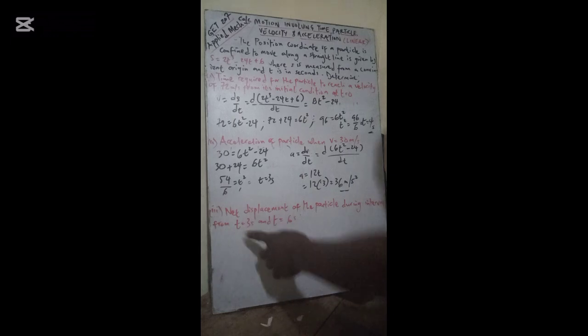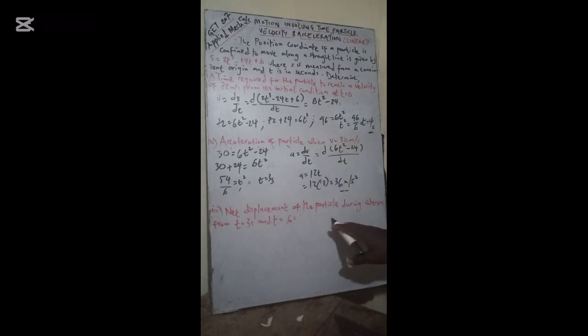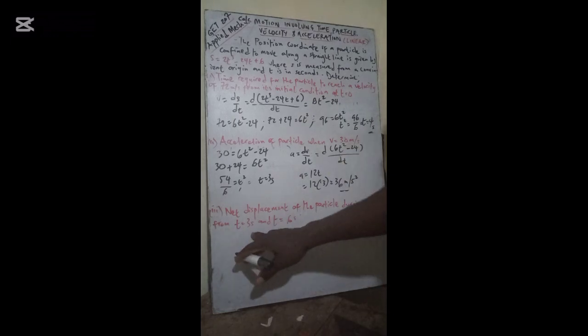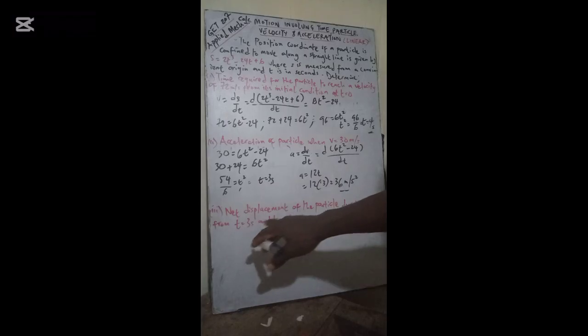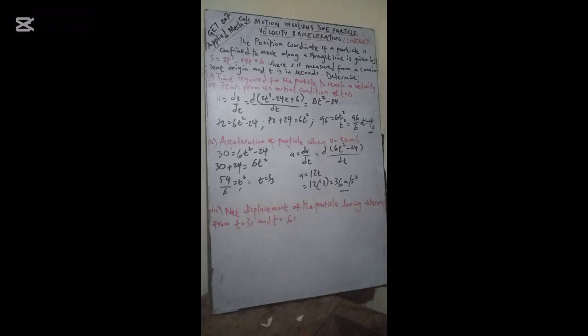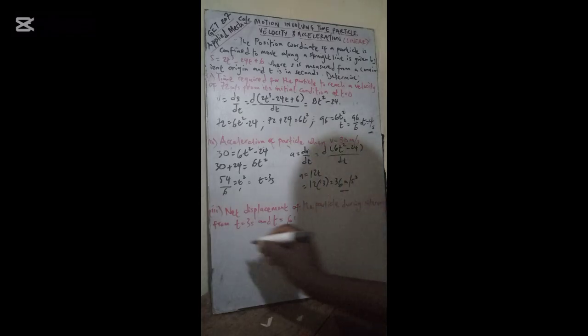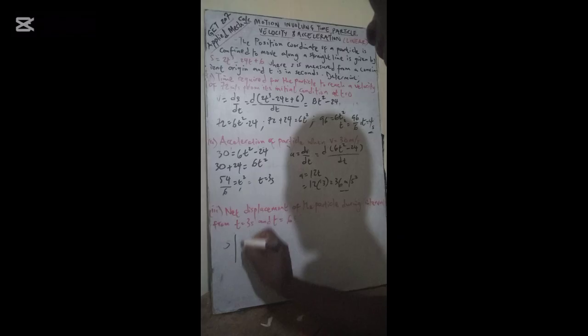Then our last one is the net displacement of the particle using the interval from t equals 3 seconds to t equals 6 seconds. We are looking for the displacement, so we are making use of what they give us in the question. Once it has an interval of a lower limit and higher limit, you don't need to stress yourself. You just know that s will be for 6 and 3.